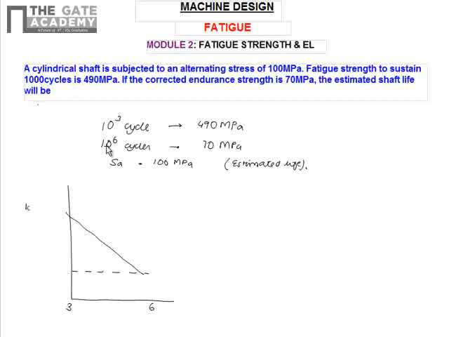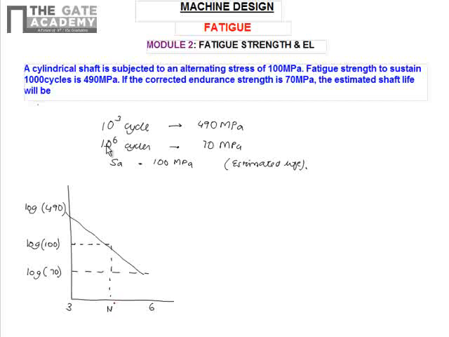The stress corresponding to this is log of 490, and this is log of 70, and in between we have log of 100 MPa. So our problem is to find the number of cycles corresponding to this value.